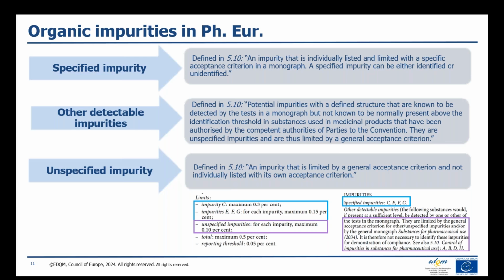The unspecified impurities are defined as impurities that are limited by a general acceptance criterion and not individually listed with their own acceptance criteria. Here it is all the impurities listed at the end: impurities A, B, D, and H, and they are limited at maximum 0.10%, which corresponds to the limits given also in ICH.